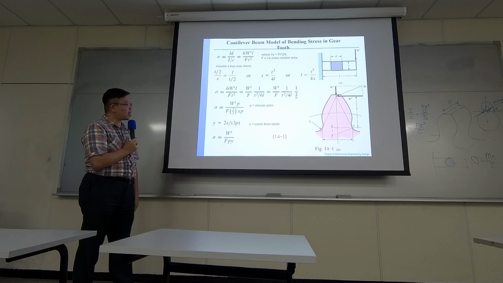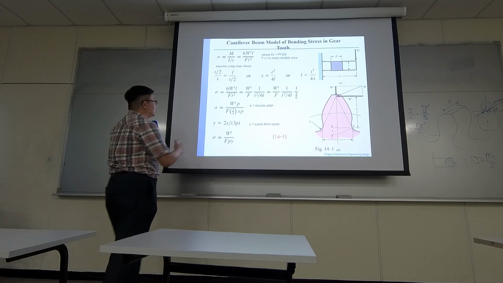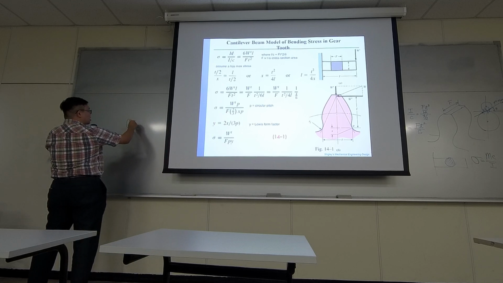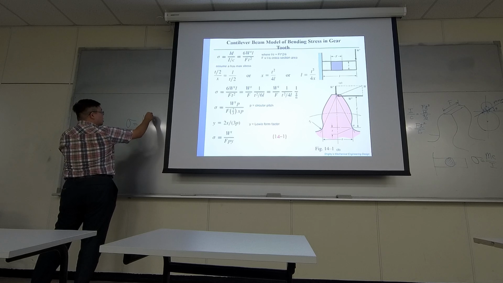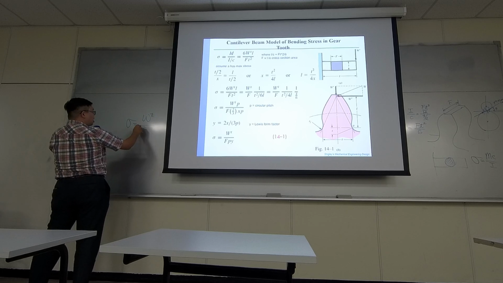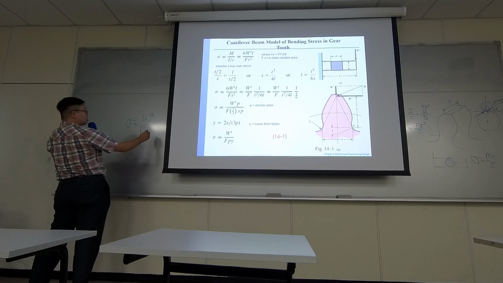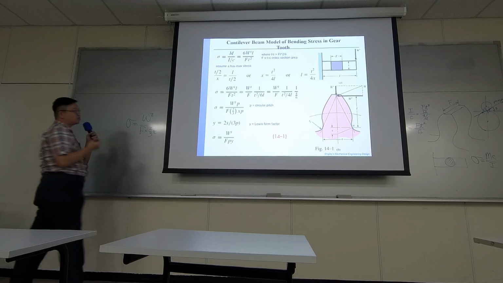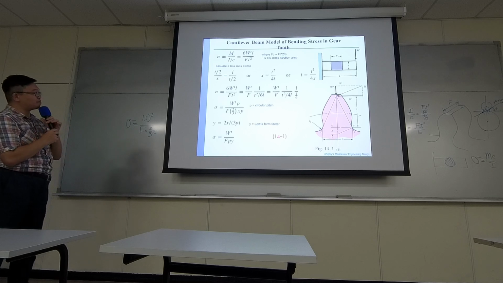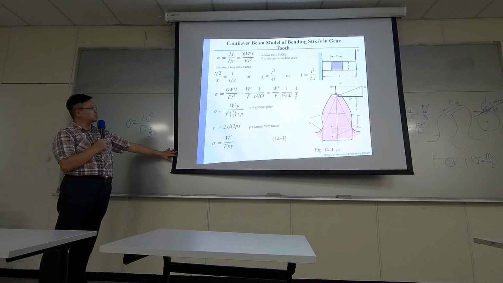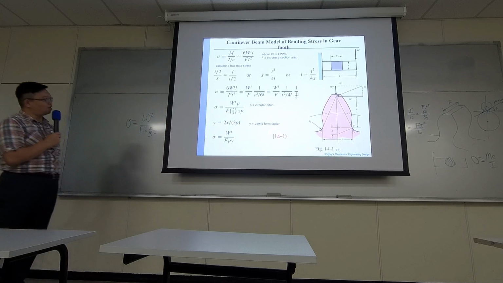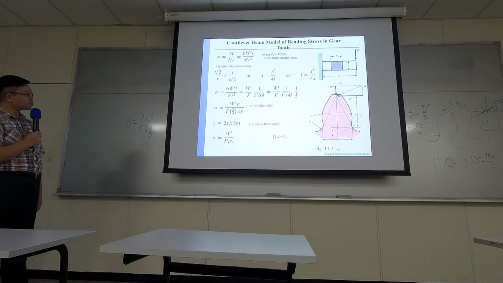Or if you don't like P, if you take a look at this one, it's going to be WT over F times 2/3 of X. 2/3 of X, right? Because you can get rid of P on top and bottom.